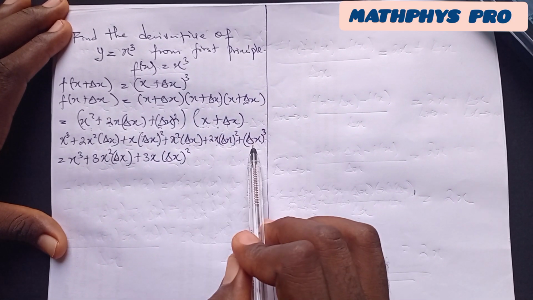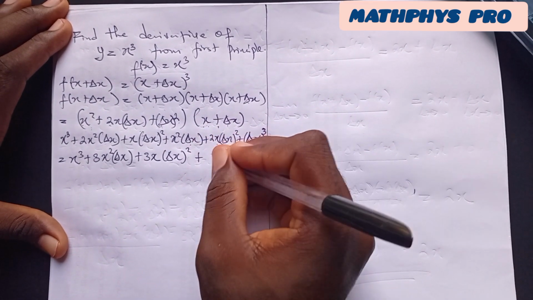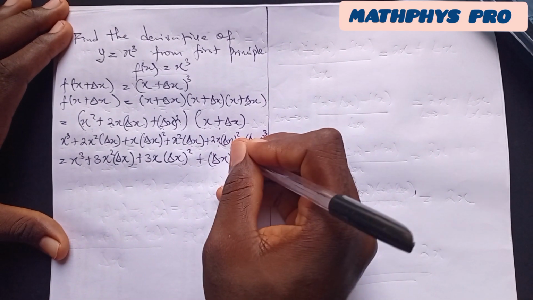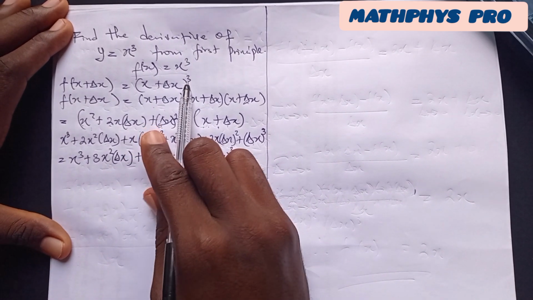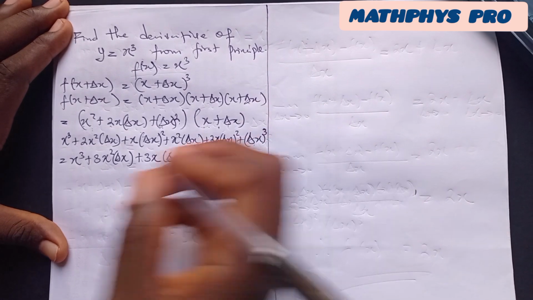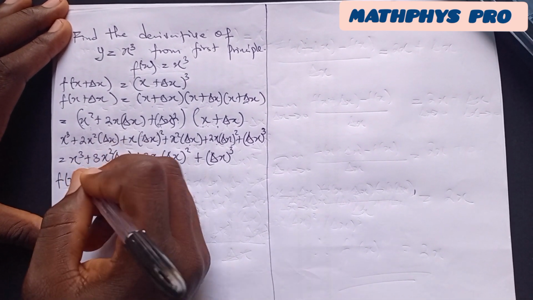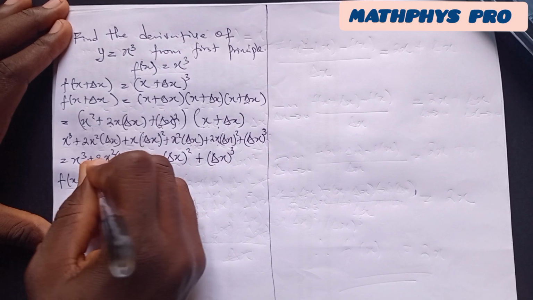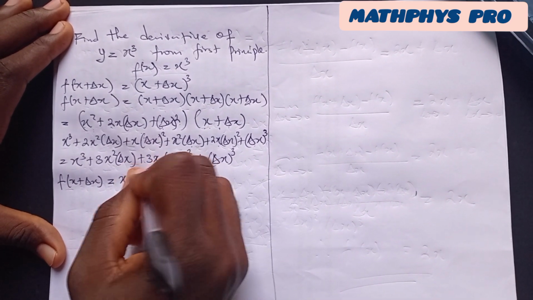There's nothing to add again, so we have plus change in x cubed. So you use this to replace this.